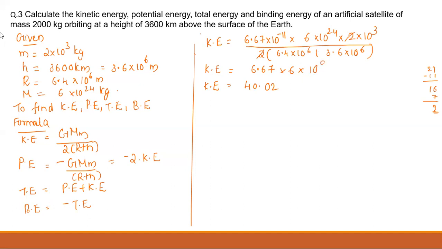So we will get 40.02 into 10 raised to 9 joule as the kinetic energy. So unit is joule. This is the value of kinetic energy.